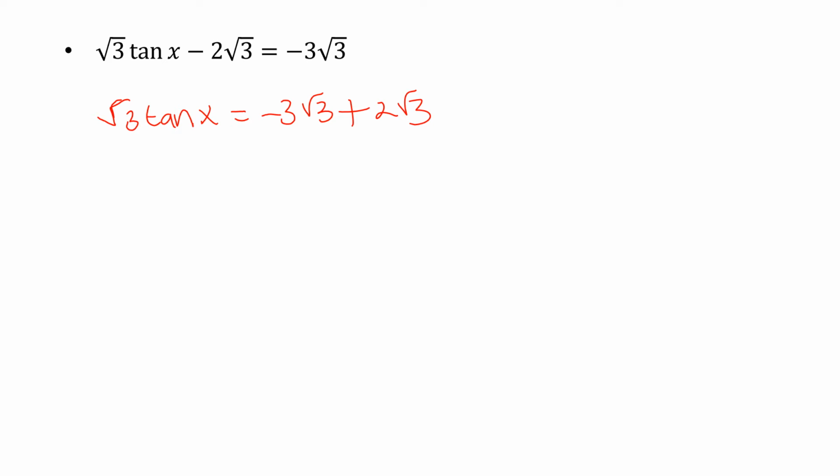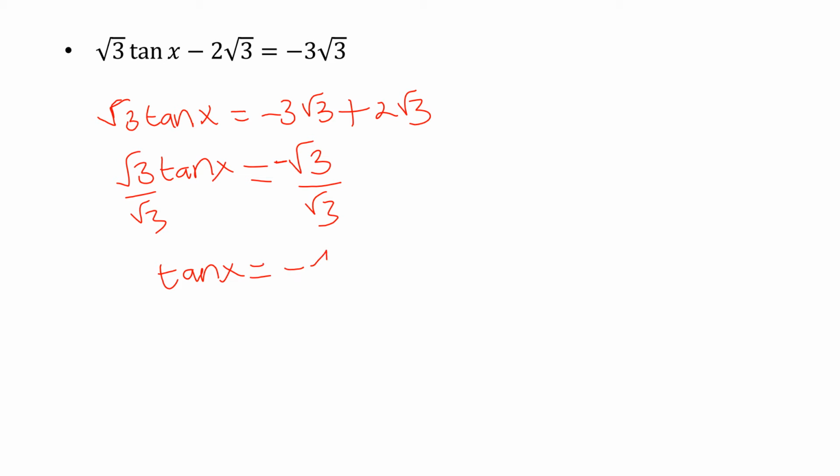We added 2 root 3 on both sides to cancel the 2 root 3 on the left hand side, and root 3 tan x equals negative root 3. When we divide both sides by root 3, tan x is going to be equal to negative 1, so x is going to equal 7 pi on 4 plus pi n.